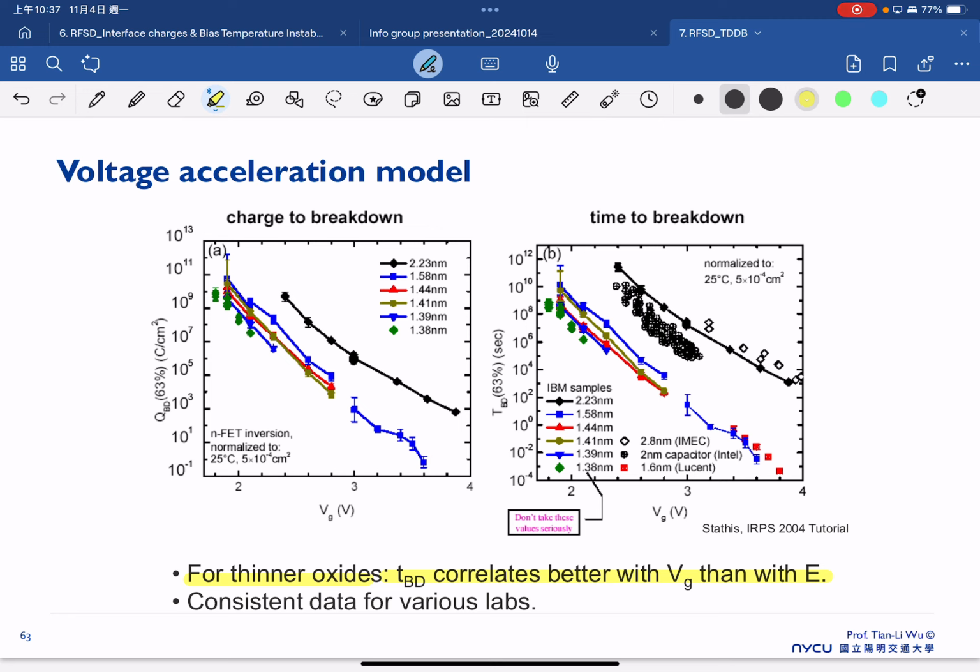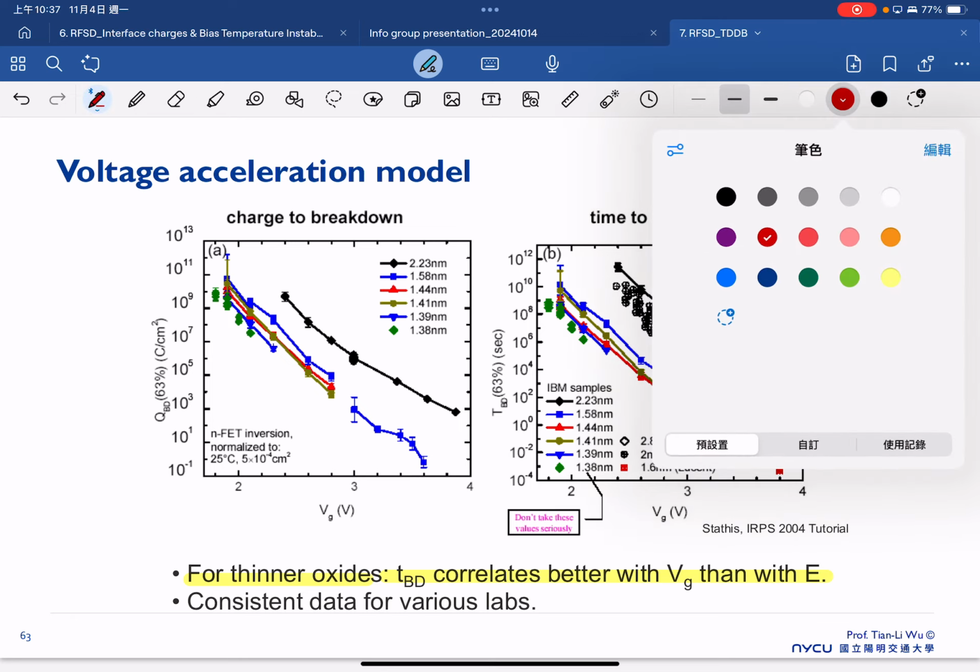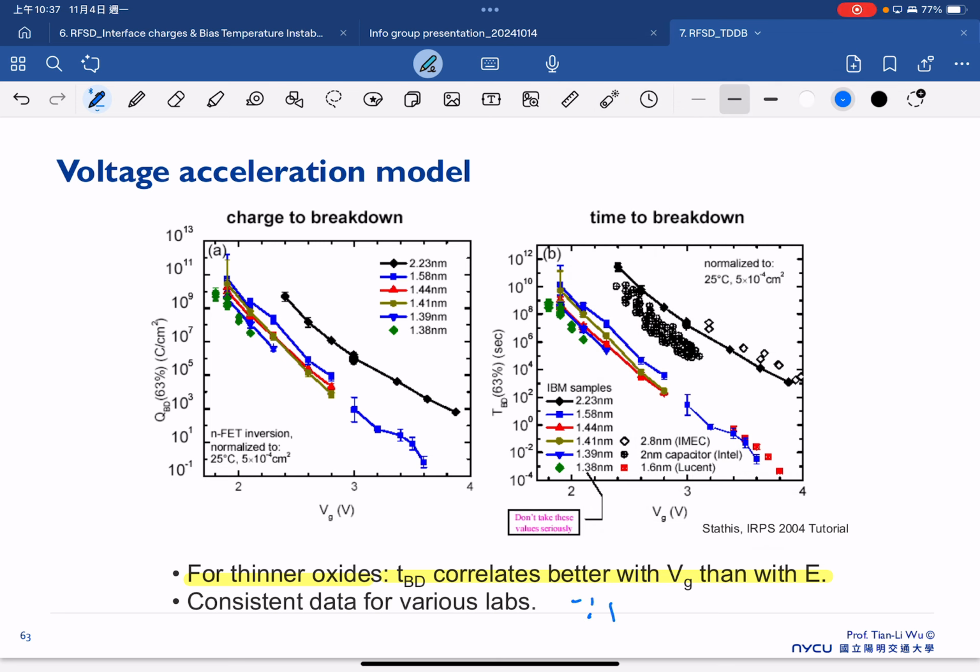So that's also another interesting viewpoint. That's because of direct tunneling.